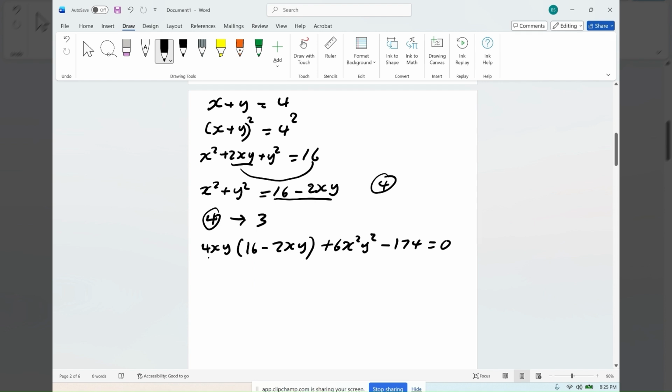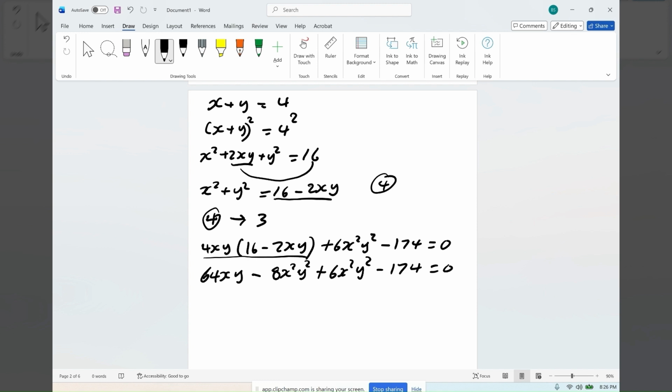Let's expand this and we have 16 times 4 is 64xy minus 4 times 2 is 8x squared y squared plus 6x squared y squared minus 174 is equal to 0.